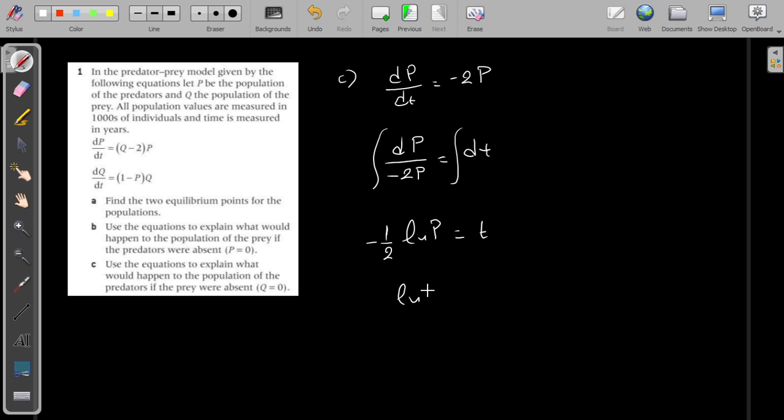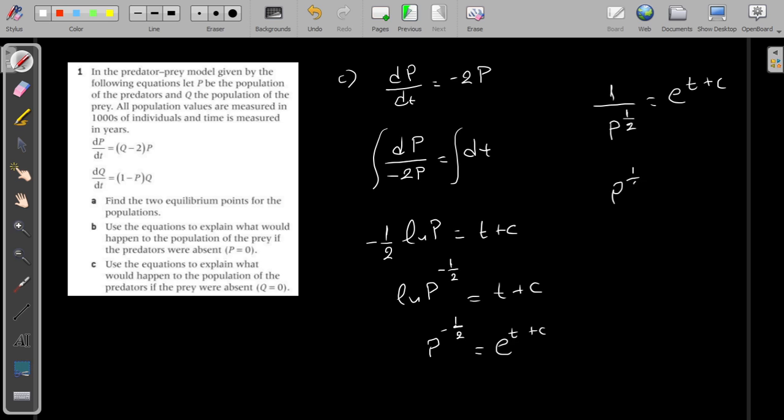This is going to be ln P to the power of minus 1 over 2 equals t plus C. So P to the power of minus 1 over 2 is equal to e to the power of t plus C. Sorry, I will solve it in a different way. 1 over P to the power of 1 over 2 is equal to e^(t plus C).